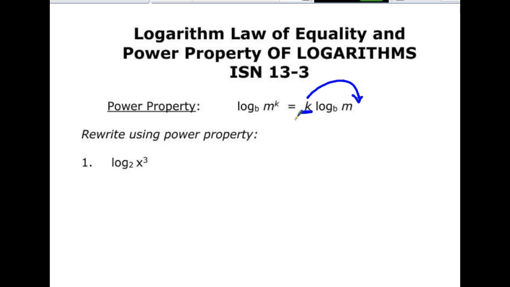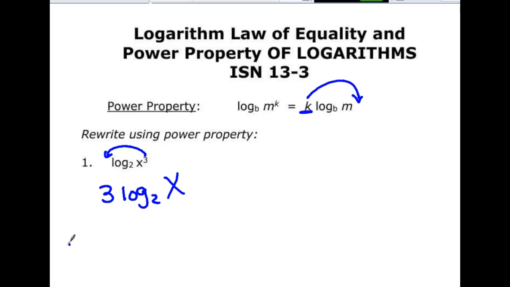So let me show you an example. You see where this 3 has an exponent, x to the 3rd power? This 3rd power can come out in front. That's what the power property tells me. Well, why would I want to do that? Well, it's going to help me solve problems in a minute.